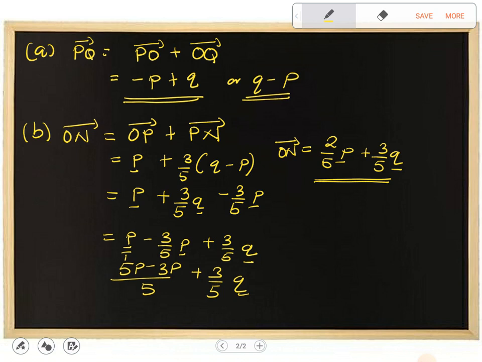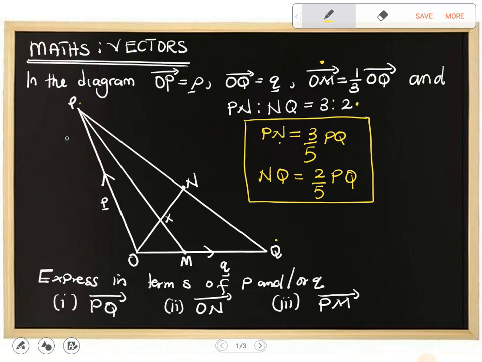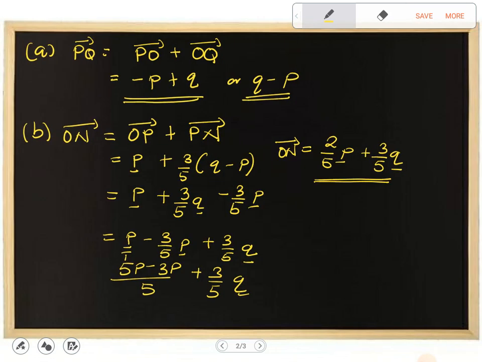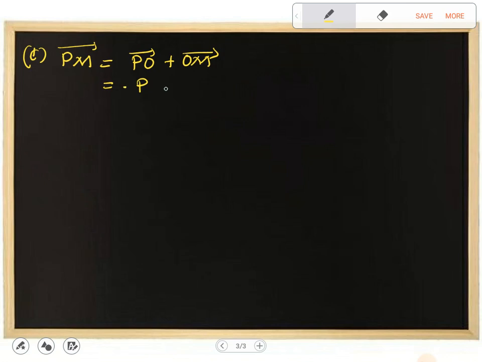So we are saying number 3, part C. PM is equal to PO plus OM. Now PO is just what? P, right? PO is the opposite of OP, so I'm going to put a negative there.